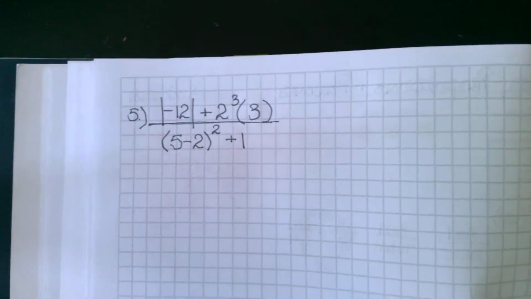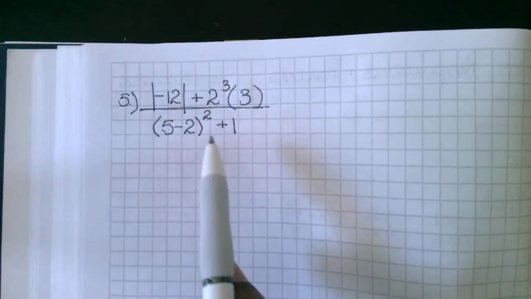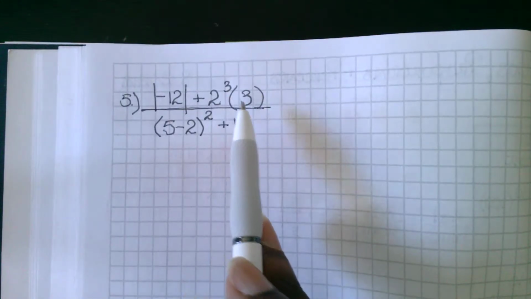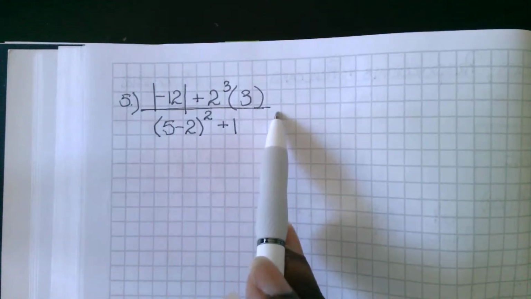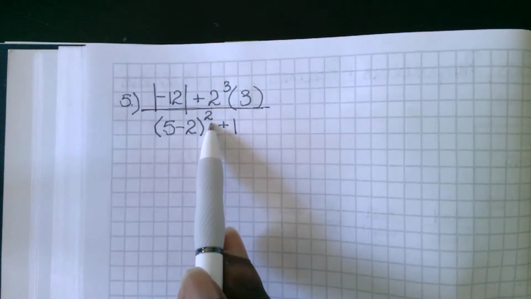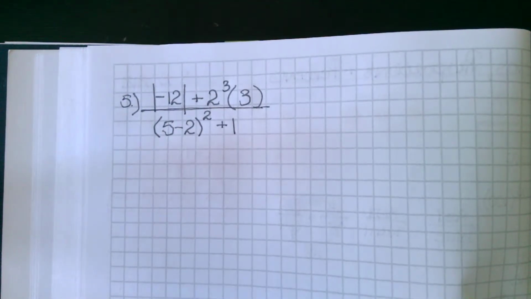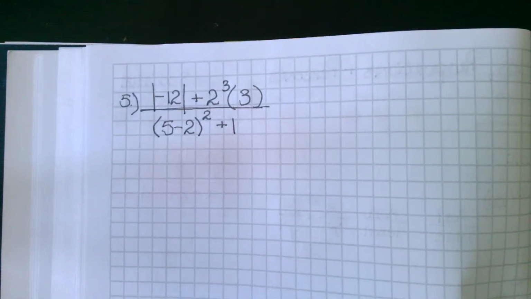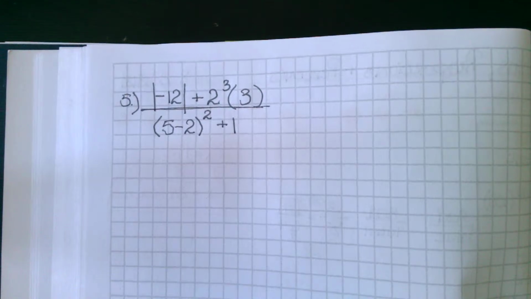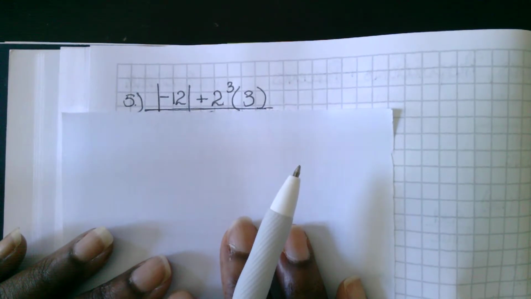Okay, so now for number 5, we have the absolute value of negative 12 plus 2 raised to the third power times 3, over or divided by the difference of 5 and 2 raised to the second power plus 1. So my suggestion when you're tackling problems like this, instead of looking at it as one big problem, you're going to do what's called grouping, focusing on one concept, your numerator or the denominator, at one time.